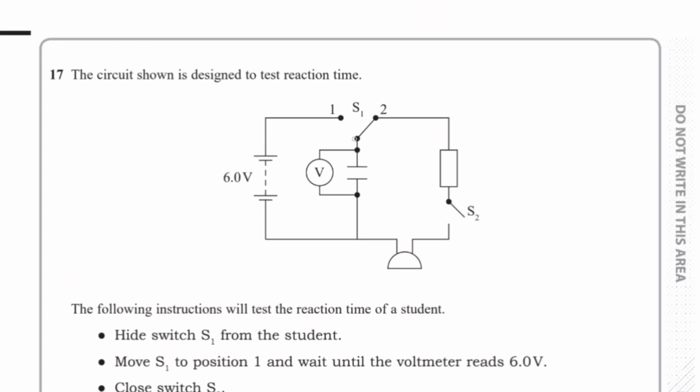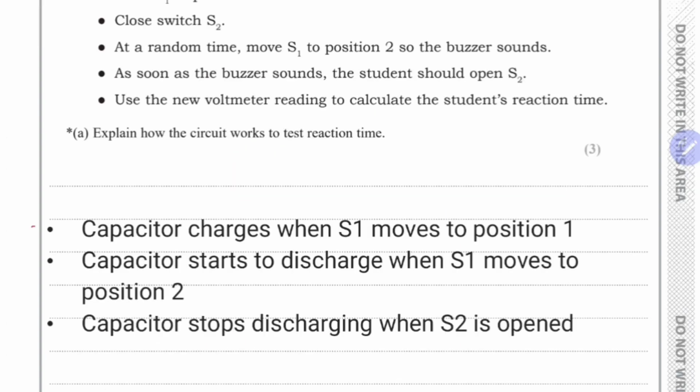Okay, when the switch is at position 1, the capacitor charges, because you can see the battery is on this side, so the capacitor will basically charge at that time. And when the switch is at position 2, the capacitor stops charging. And when switch 2 is open, like here, the capacitor stops discharging completely. You can write the answer like this.